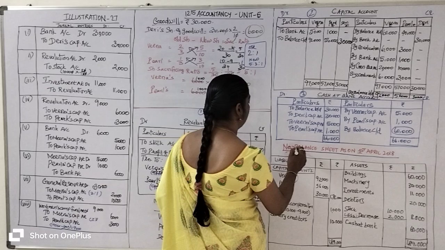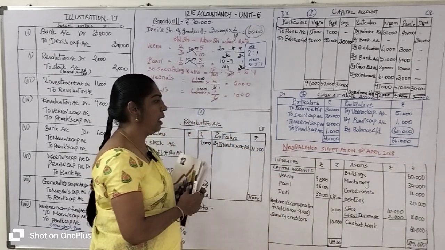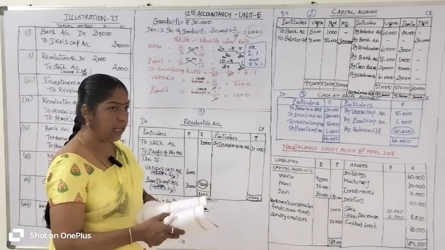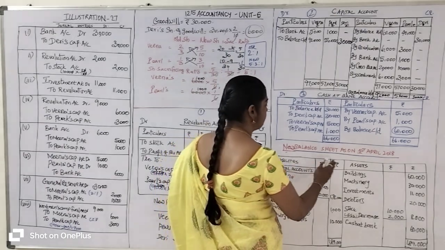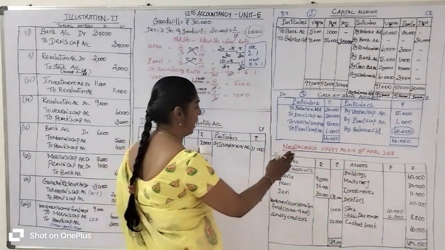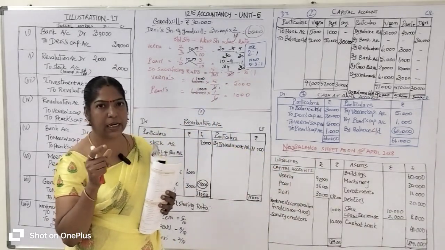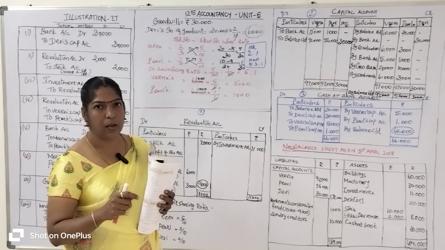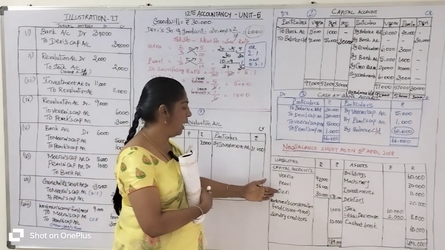Now we are going to prepare the new balance sheet as on 1st April 2018. We go with it as per the question. There are two sides, liability side and asset side. The first item on the liability side is the capital accounts. The partners who contributed their capitals are Veena, Pearl and Terry.